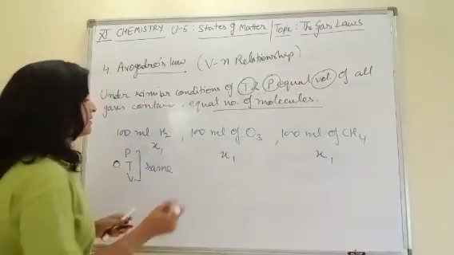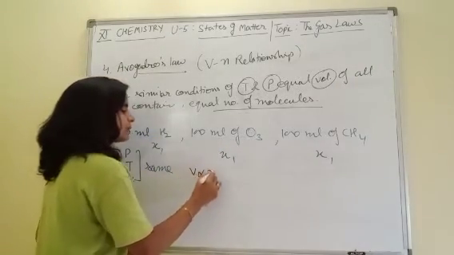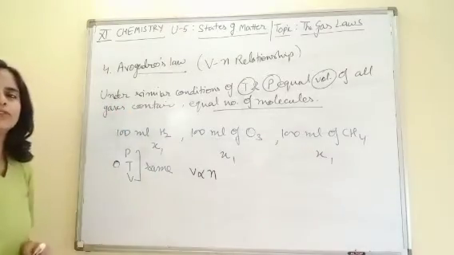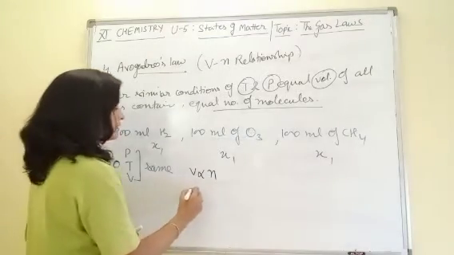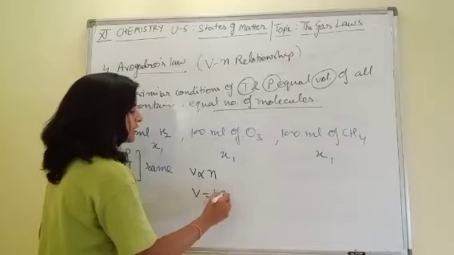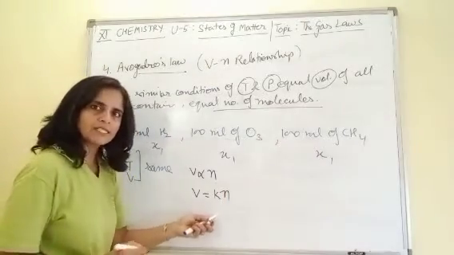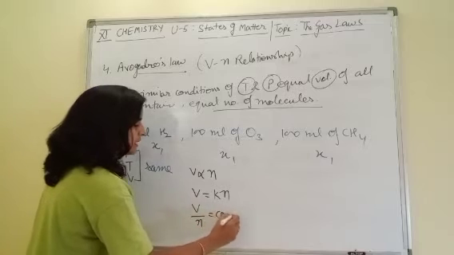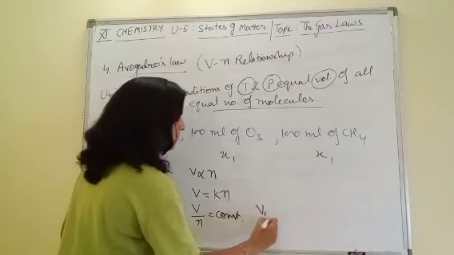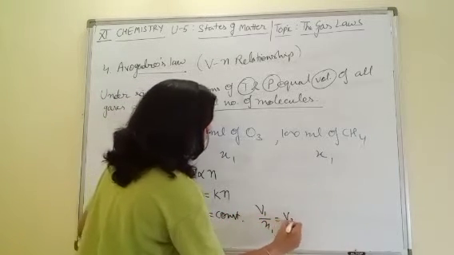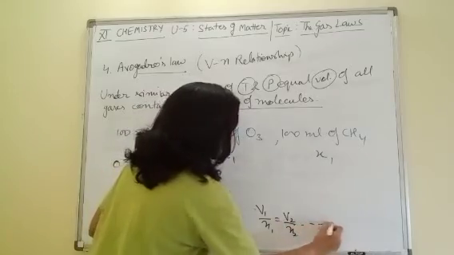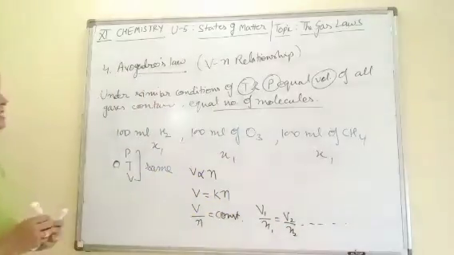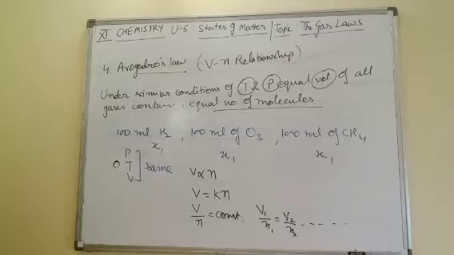So we can say volume is directly proportional to number of moles, or V equals K into n, and K is the proportionality constant, or we can say this ratio remains constant. That is V1 by n1 equals V2 by n2 and so on. Easy, no? Understood this also?